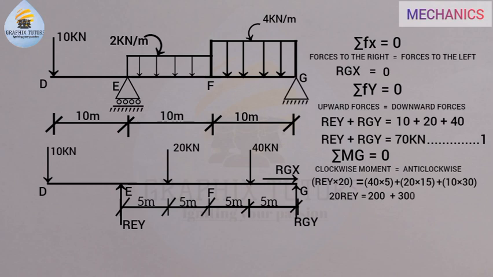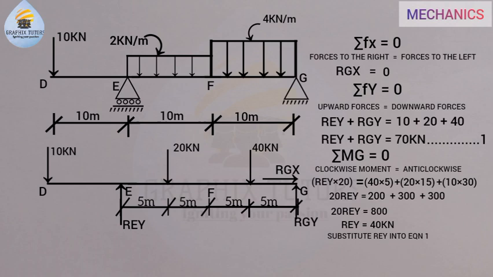and 10 times 30 is 300. So from here, we'll be having 20 REY equals 800. And if you divide both sides by 20, REY will be 800 over 20. REY is equal to 40 kilonewton. Now you put REY into equation 1.